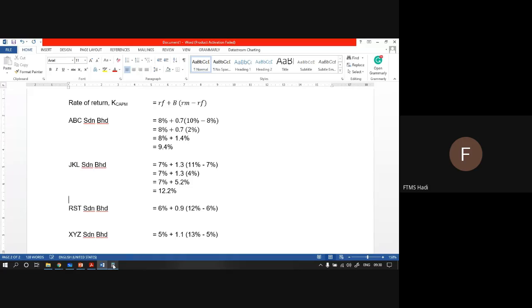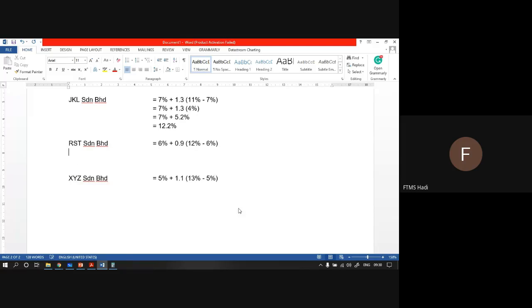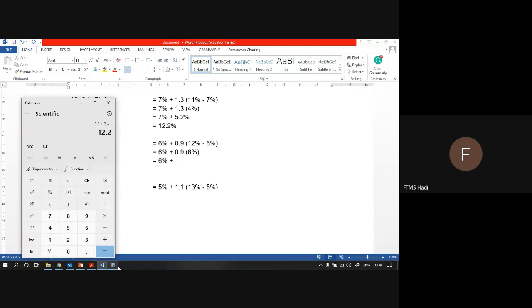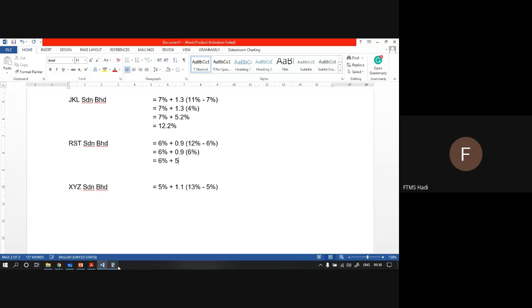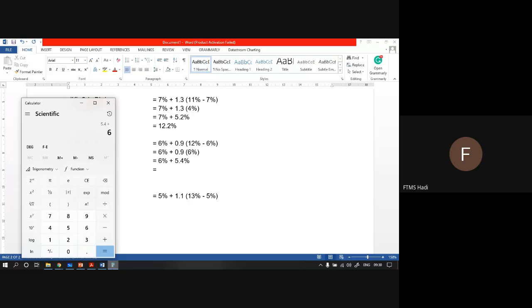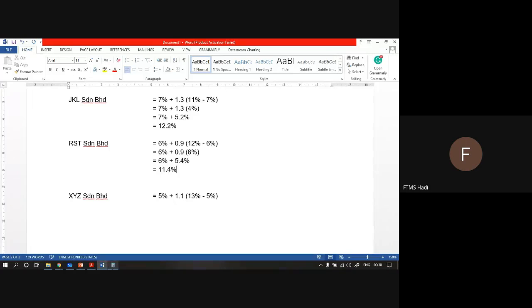Same goes for the third one. Plus 0.9 multiplied by 6, and then the answer will be plus 6, 11.4%.